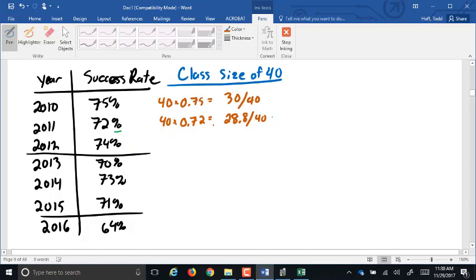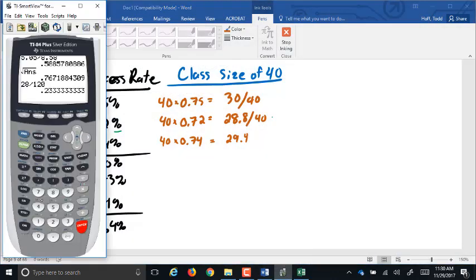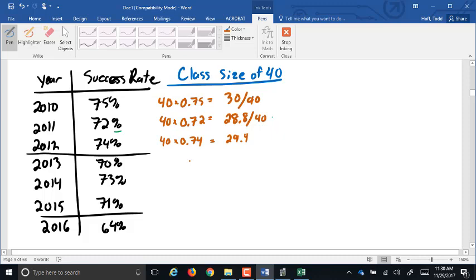So I'm going to have you guys go down quick and fill in the rest of these numbers. 74, all the other percents, and find how many out of 40 that would be for each semester. That's 29.6.